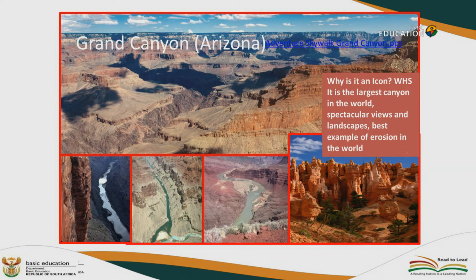In other books, they will talk about the color that is shown according to the time during the day. Most of the time, it shows the red colors. This is how some people see this icon, the Grand Canyon. Check the structure. Was it built or is it natural?